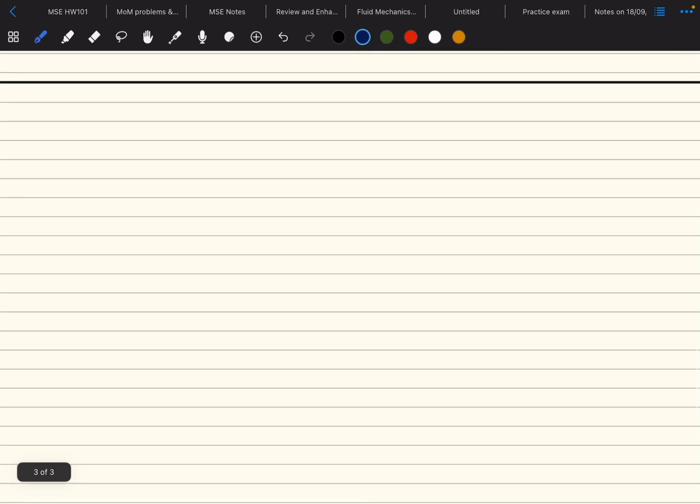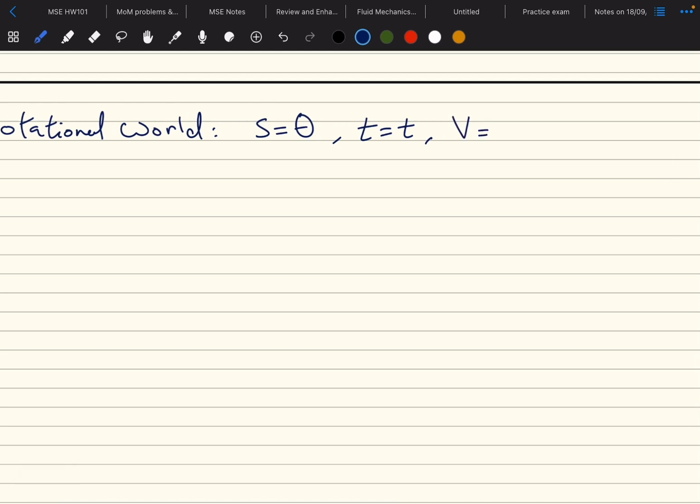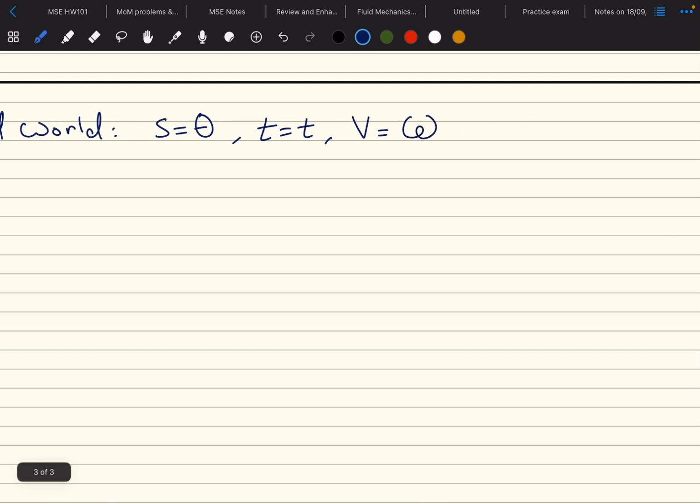Now let's talk about rotational. In the rotational world, s is equal to theta. Time is equal to time, nothing is changing about that. v, which is the linear velocity, is equal to the angular velocity, the squiggly omega right here.